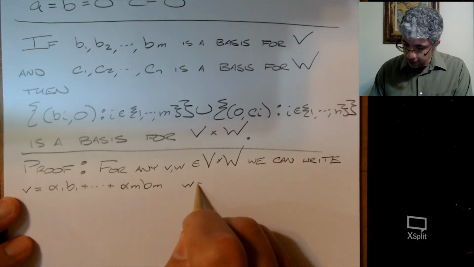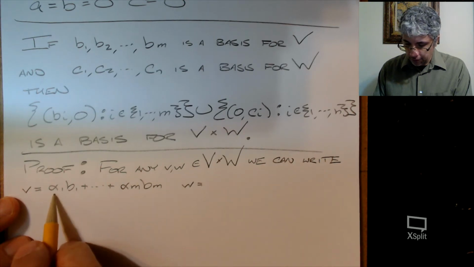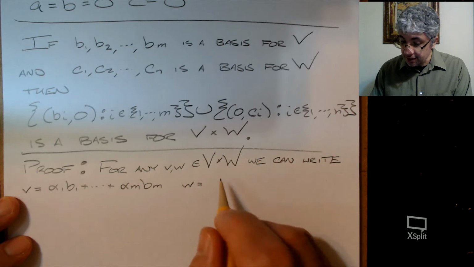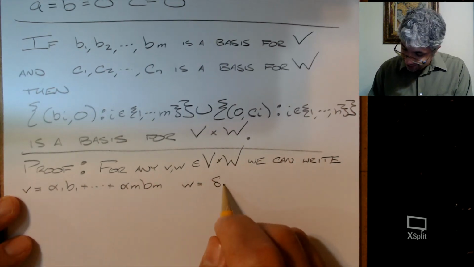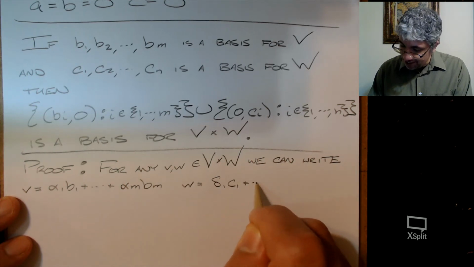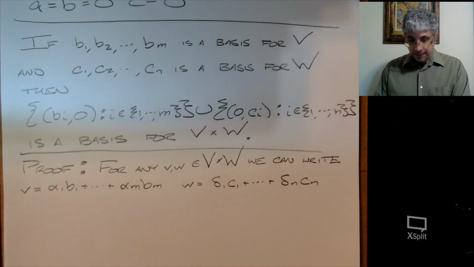And we could write w as, well, now I don't want to use alphas, since I have alphas and B's. I'll use deltas to go with the C's. This way we don't have any direct conflict. Okay, so I have delta 1 C1 through delta n Cn there.